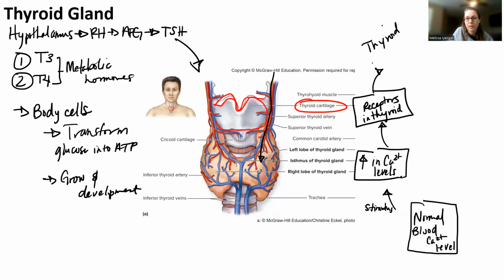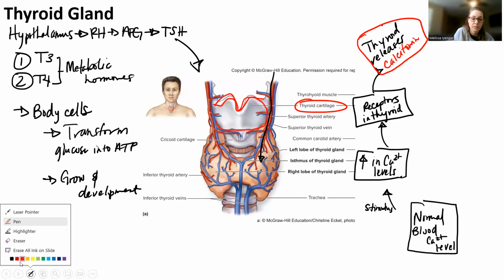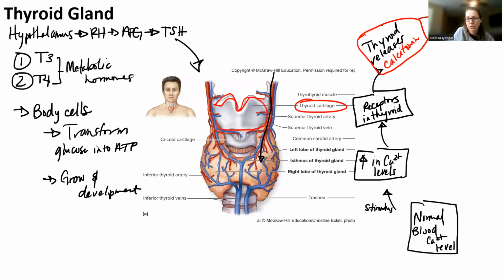So the thyroid releases a hormone. Maybe I'll make that another color so we know. It releases calcitonin. Calcitonin has to be our effector. It has to do effects. It has to have specific targets. So we can say one of those targets is our kidneys.